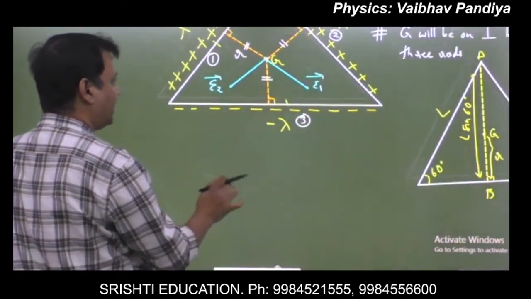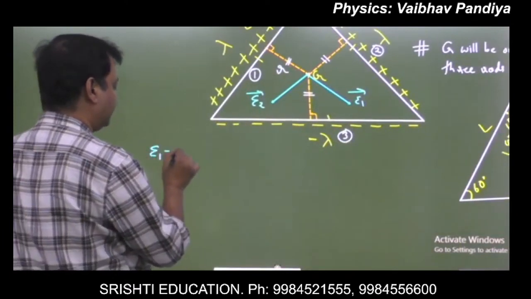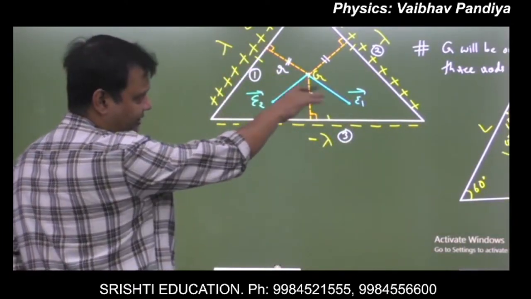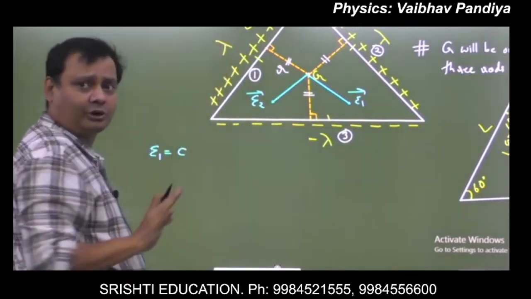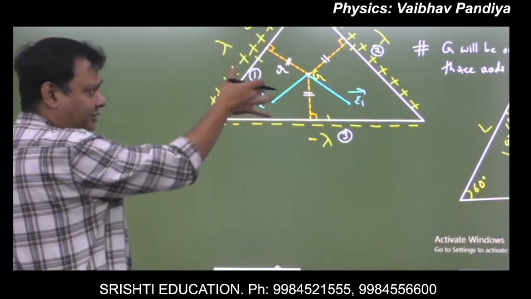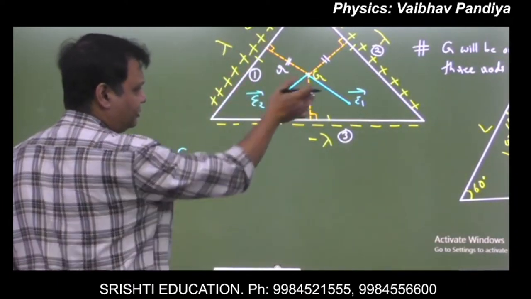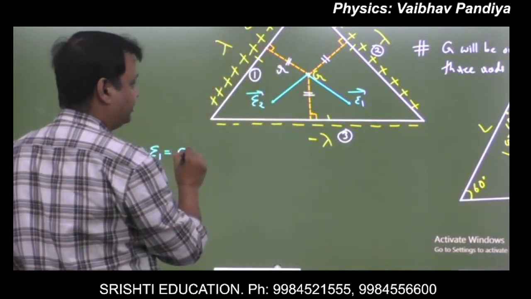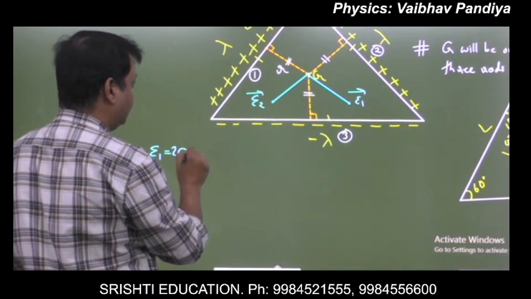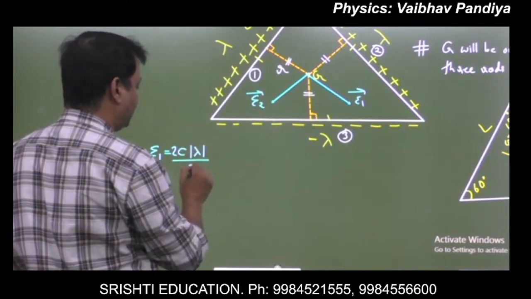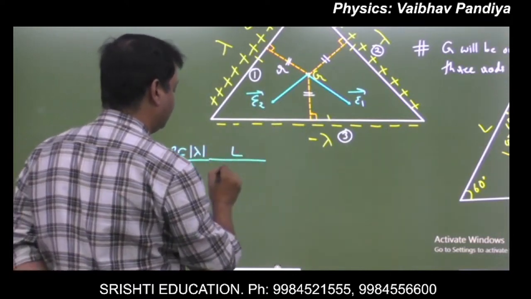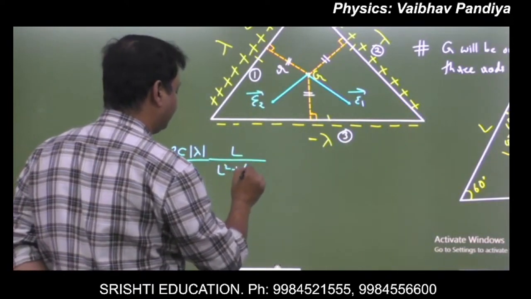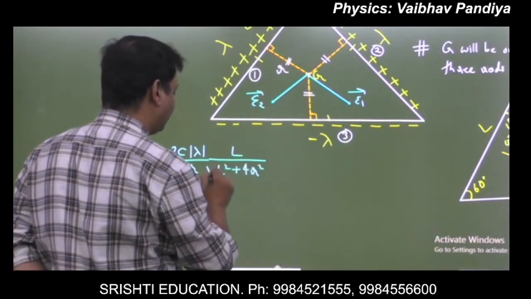Now what will be the magnitude of E1? You will say k, and since I'm marking the direction, I can put lambda in modulus, correct? I'm simply writing the magnitude because the direction is known, it is positively charged. So I'll get 2k lambda by R, length L, divided by L square plus 4 times R square, correct?